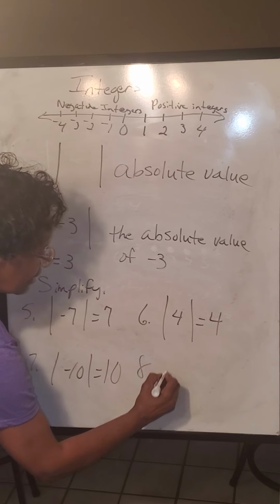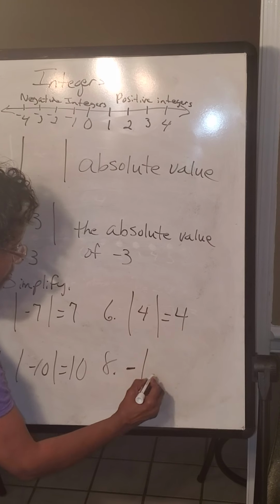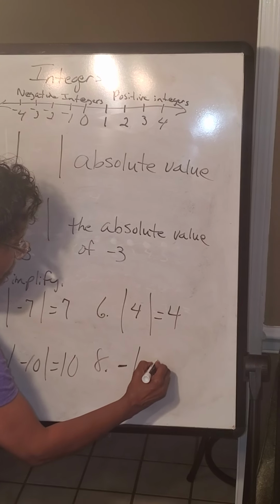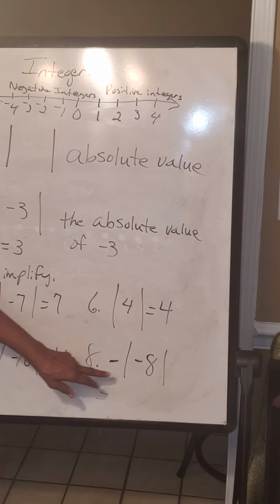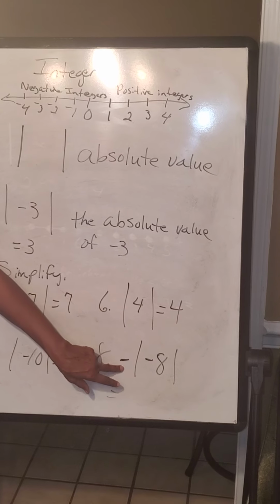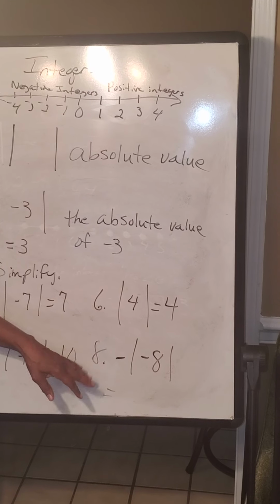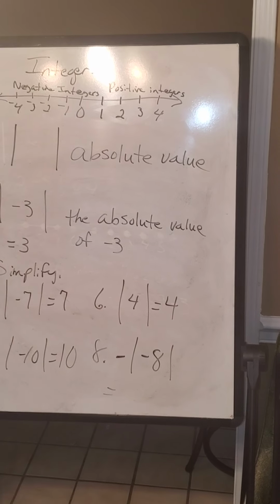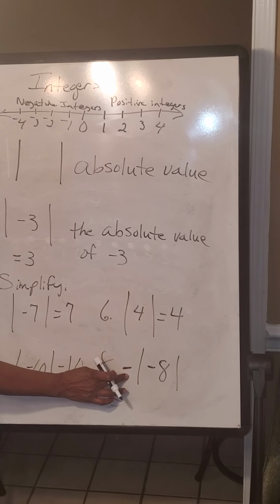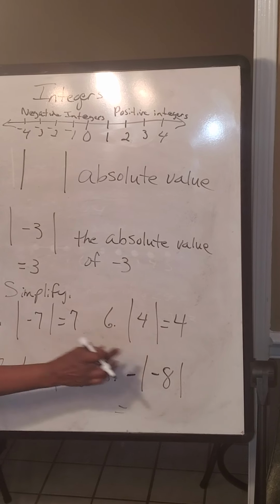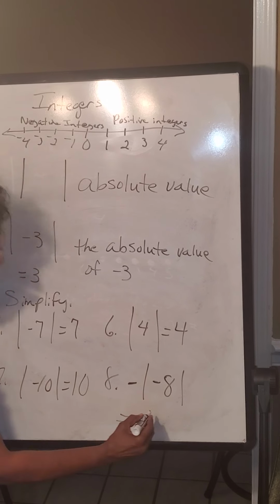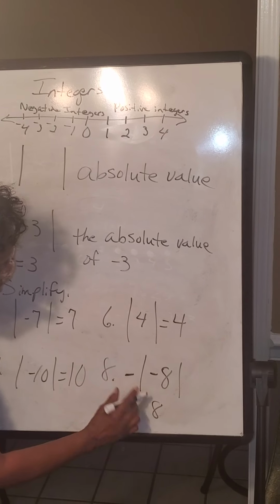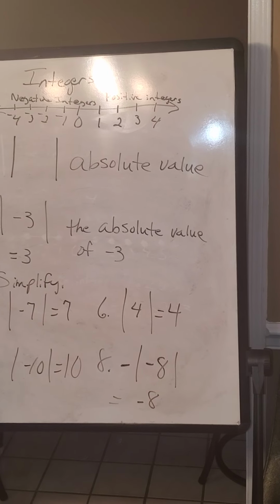But suppose I had a problem that looks like this. Remember, a dash has 3 different meanings. It means negative, it means opposite of, it means minus. So I read this as the opposite of the absolute value of a -8. So the absolute value of a -8 is 8. The opposite of it would be -8.